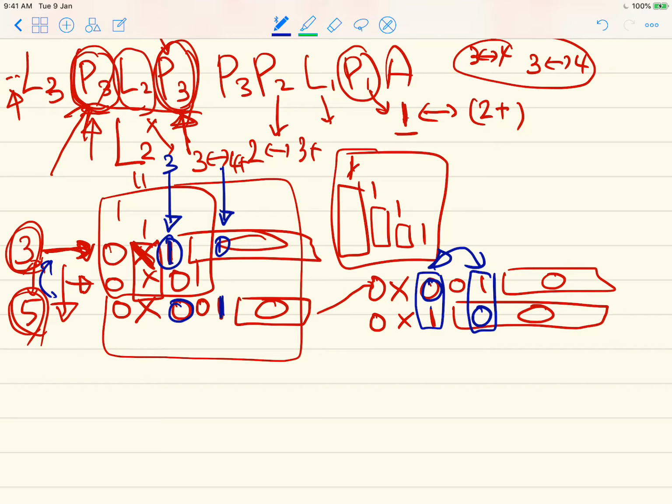And this is the result of the row interchanges. And then if we do column interchanges between the third and the fifth column, it will just get back to 1, 0 and 0, 1, which is just recovering the identity matrix.